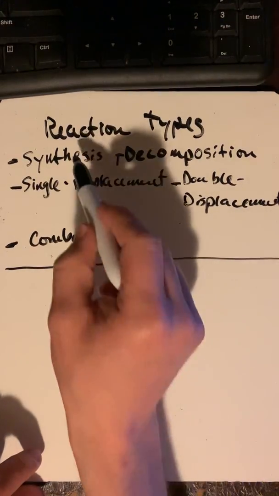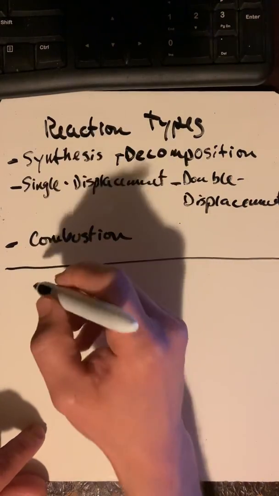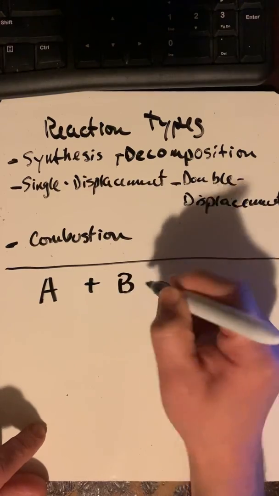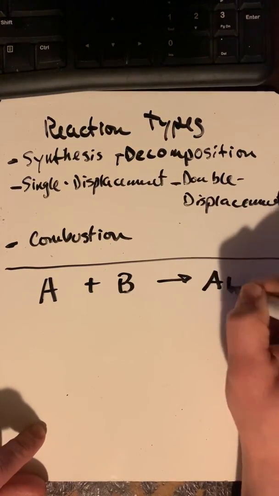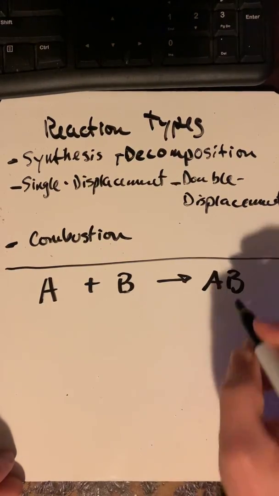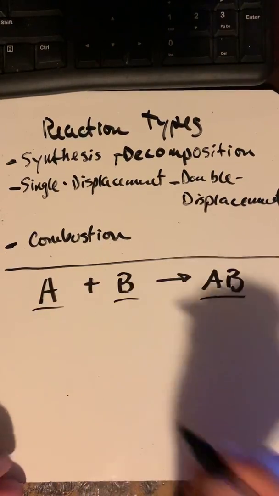Well, the word synthesis means to make something. So in synthesis, we make one new thing out of 2 or more simple reactants. Okay, so this is a synthesis reaction. It has 1 product and it has 2 reactants.